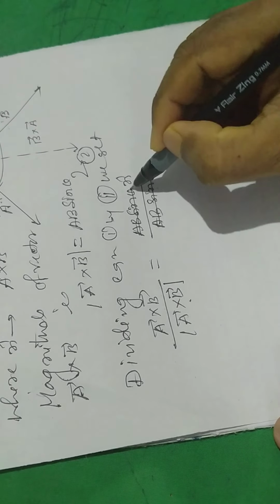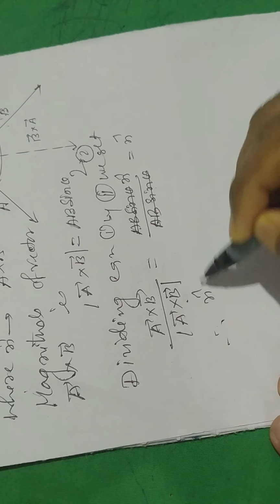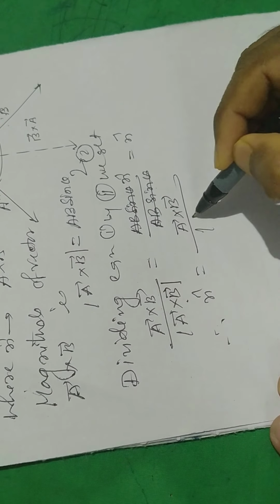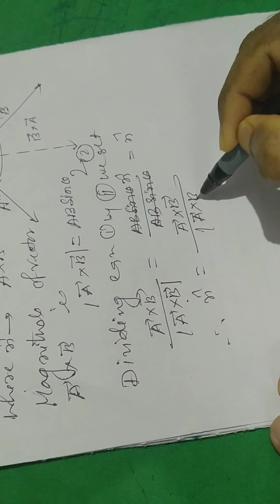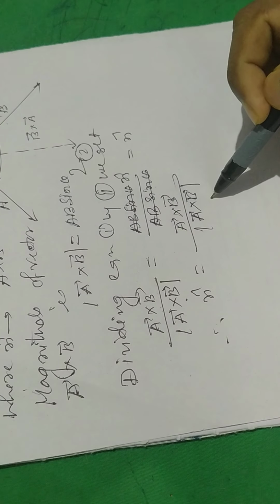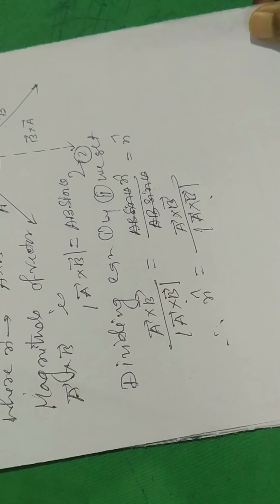So AB sine theta will cancel, leaving n cap. Therefore, n cap equal to A cross B divided by magnitude of A cross B. So a unit vector is defined as a vector divided by its magnitude.